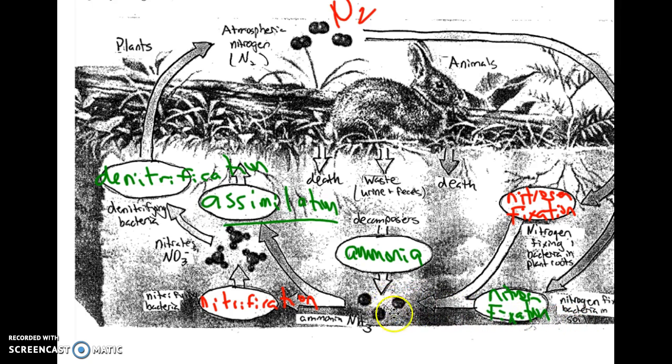That can lead to the formation of ammonia, and then nitrification, which is turning that into nitrates like NO3 or NO2. So the bacteria can take the nitrogen gas through nitrogen fixation, form ammonia or nitrates from it. From there, plants can then assimilate that nitrate and ammonia into part of their body.